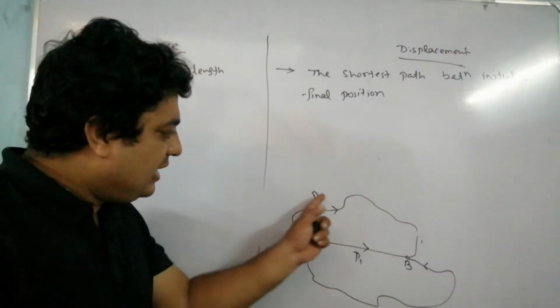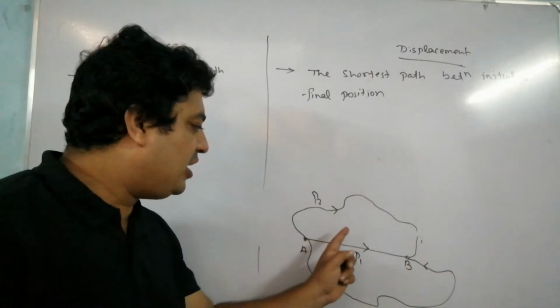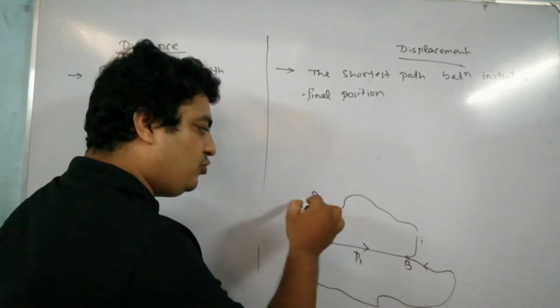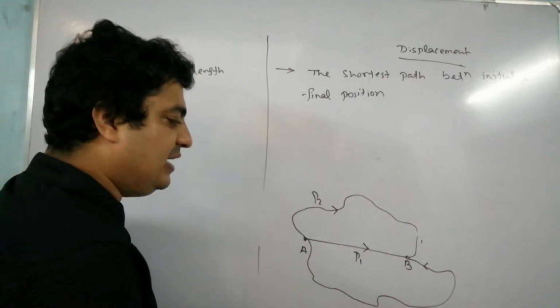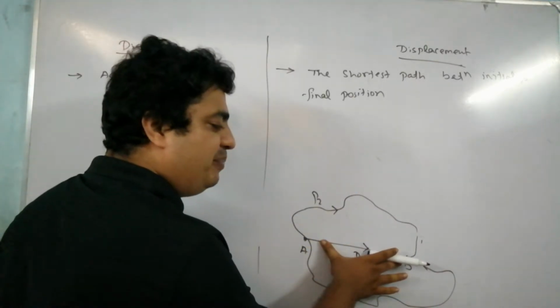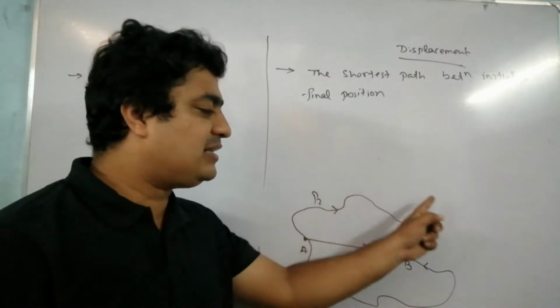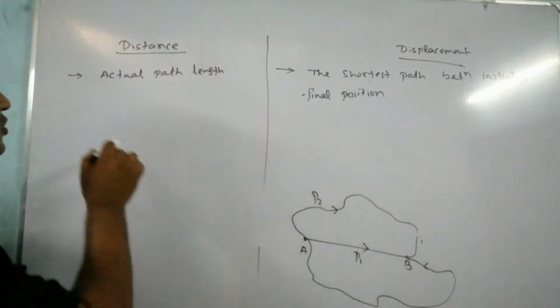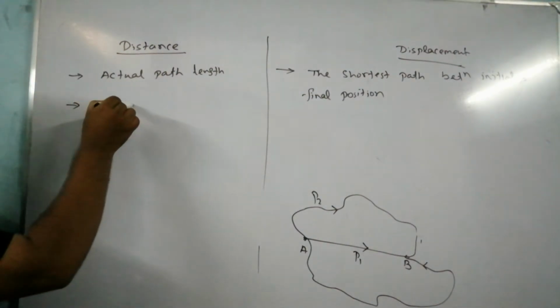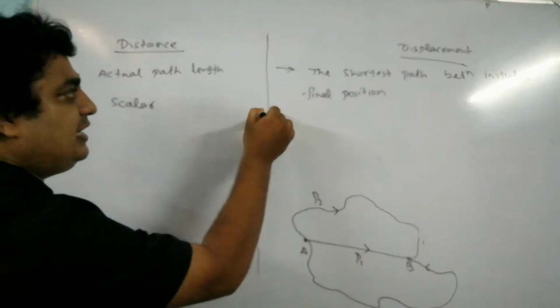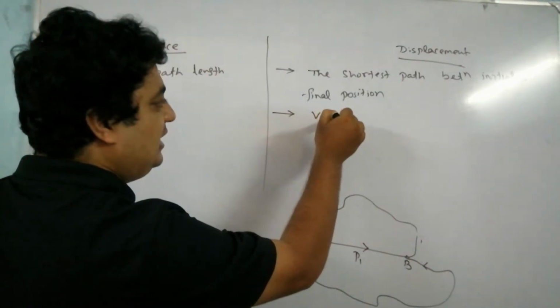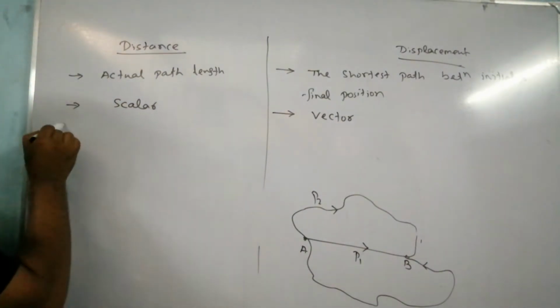Now, in any way, if the body moves from A to B along path 1 or path 2 or path 3, the displacement will be the AB vector, but the distance will be the actual path length covered by the body. So we can say distance is a scalar quantity while displacement is a vector quantity.